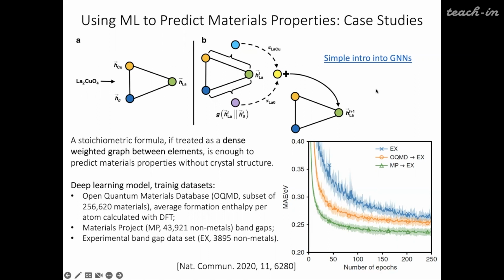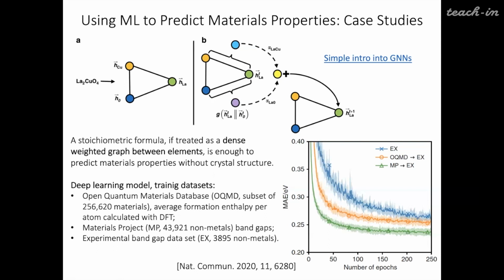So upon the message passing, properties of vertices were updated according to a pre-selected algorithm. And so basically they used dense weighted graphs to encode information on materials, to represent materials.